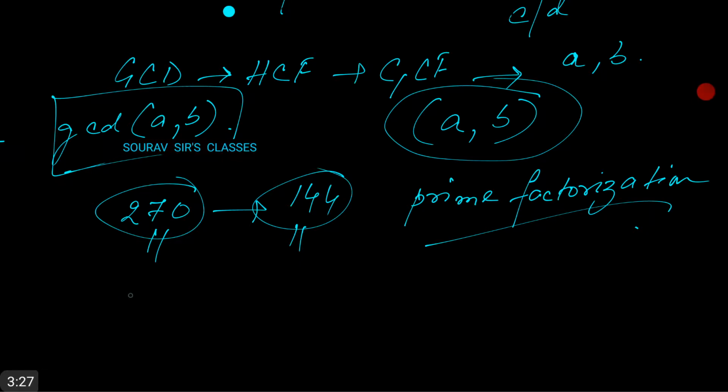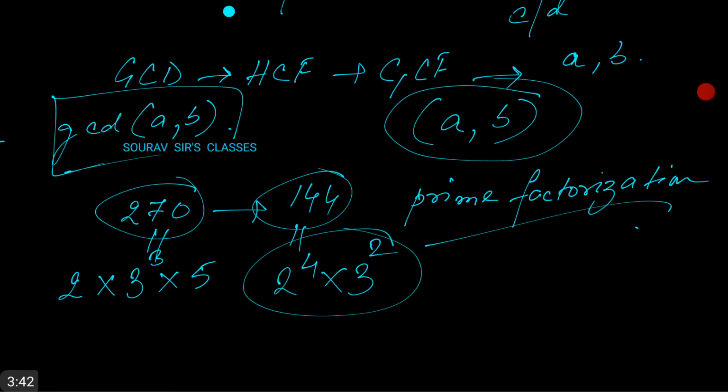So how do you do it? If you prime factorize, 270 will give you 2 into 3 cube into 5, and 144 will give you 2 to the power 4 into 3 squared. These are your prime factors. Now your job is to find out the common factors.